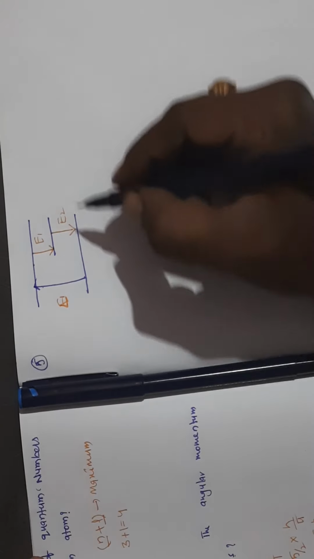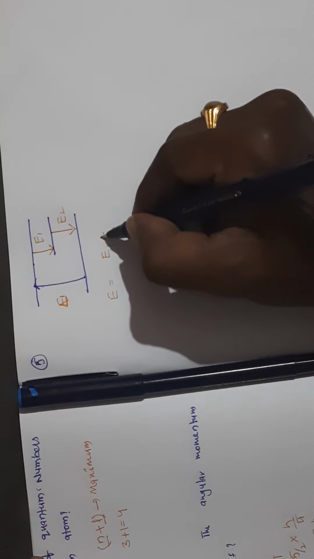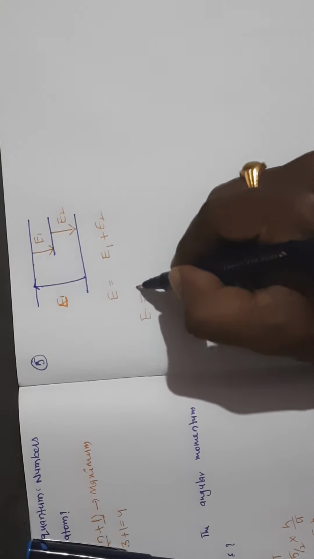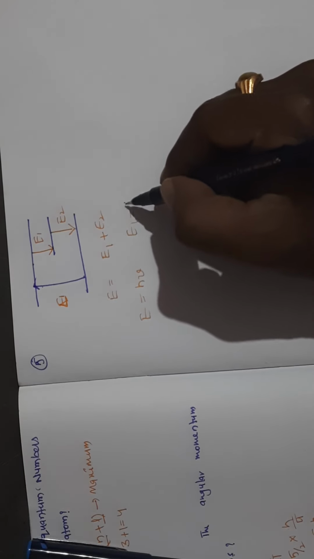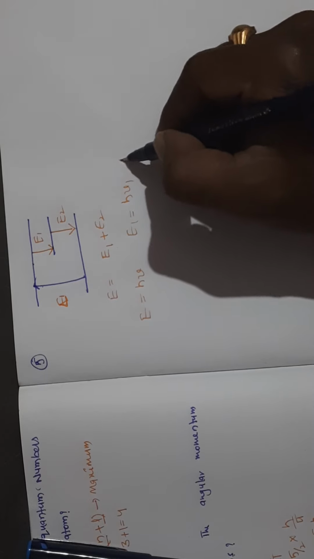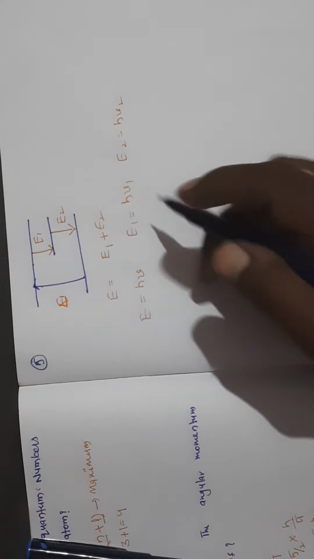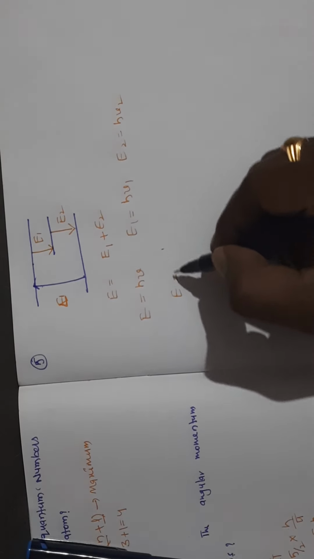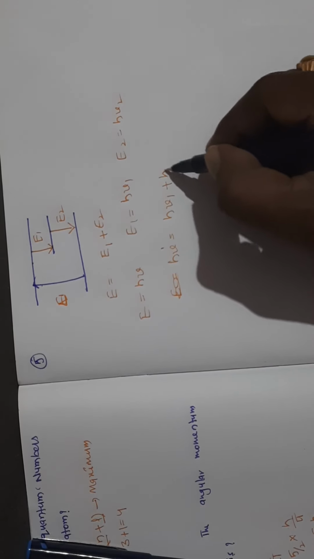This one I am taking as E1, and this one as E2. So E is equal to E1 plus E2. We know the formula E is equal to h nu. So E1 is equal to h into nu 1, and E2 is equal to h into nu 2. Just substitute these values in this equation, then what you will get? h nu is equal to h nu 1 plus h nu 2.